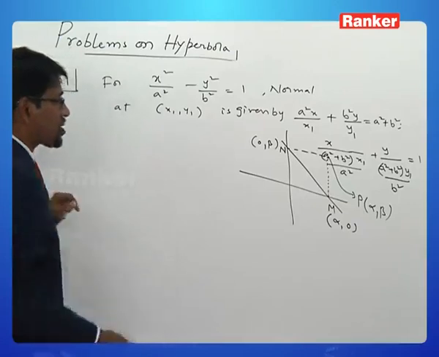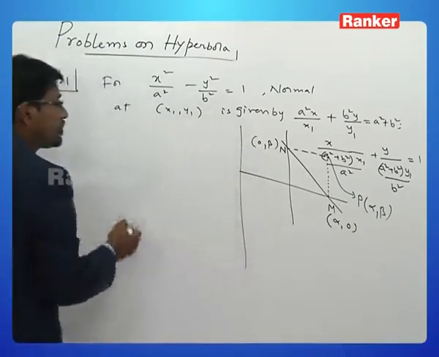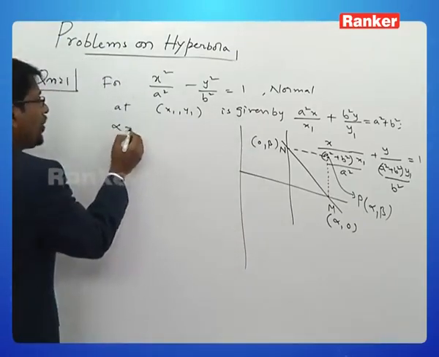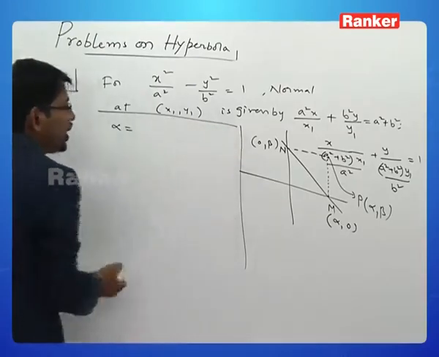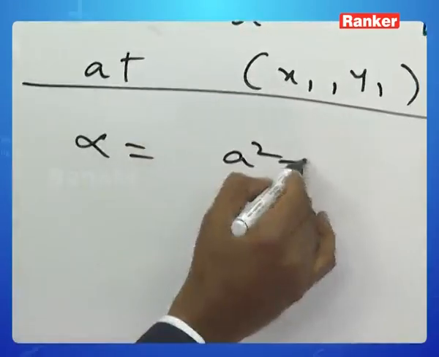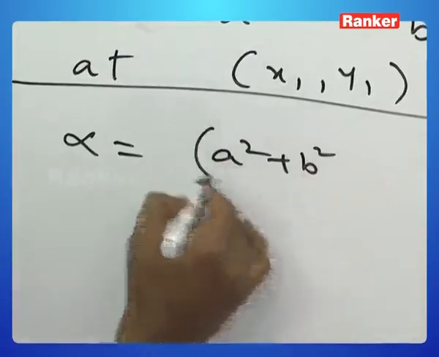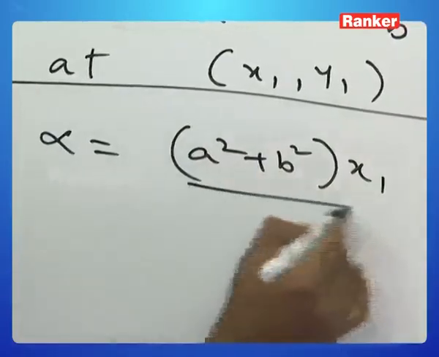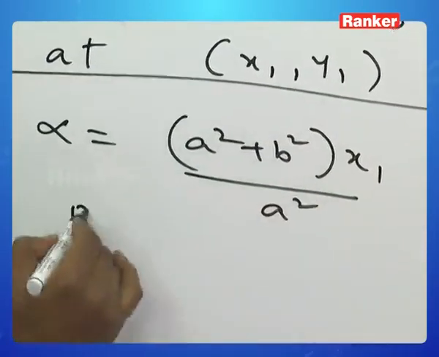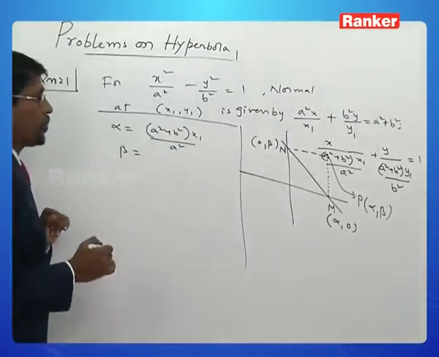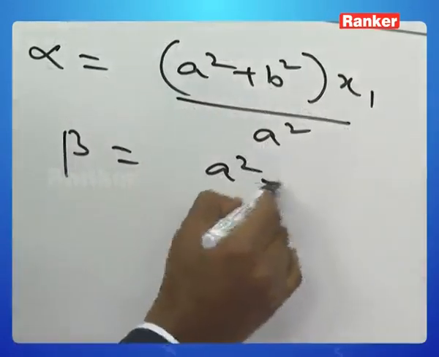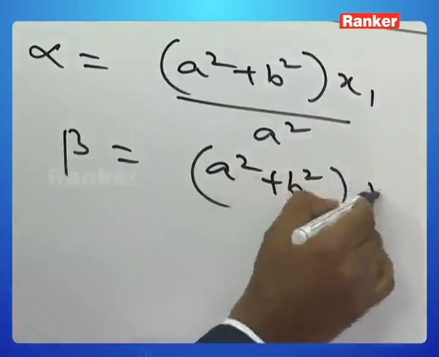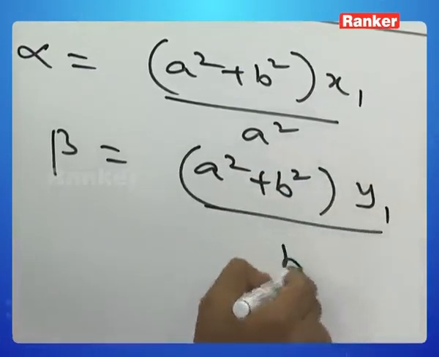In our context, what is alpha? In this context, alpha happens to be a square plus b square into x1 by a square, and beta happens to be a square plus b square into y1 by b square.